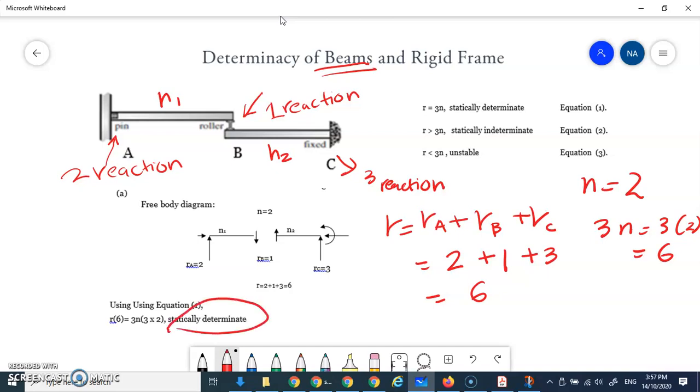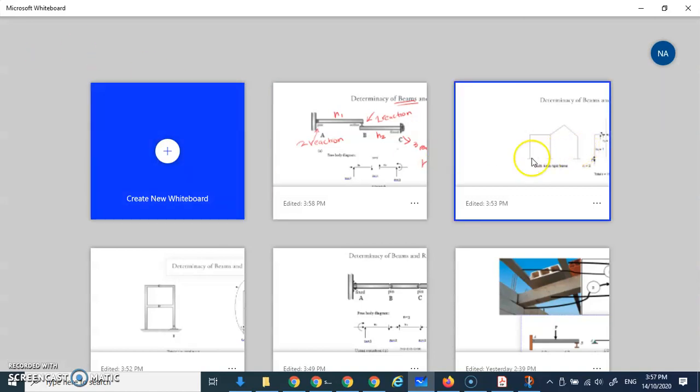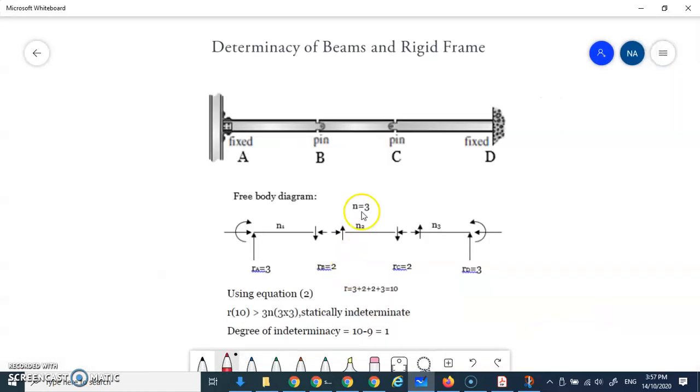Okay. So statically indeterminate in this example. Okay. So we will see the next example.